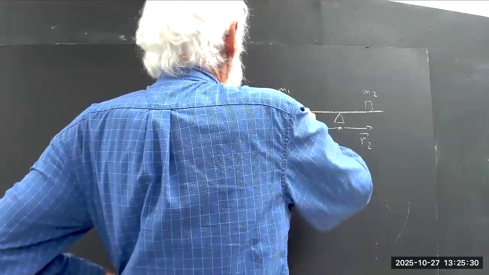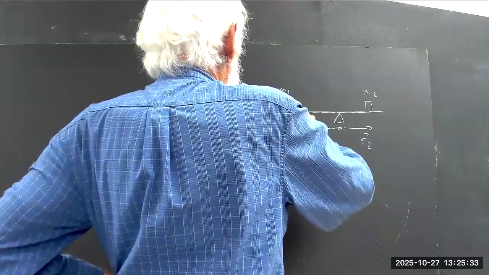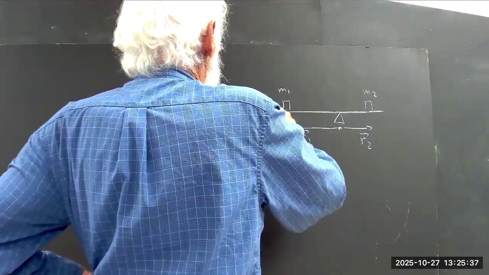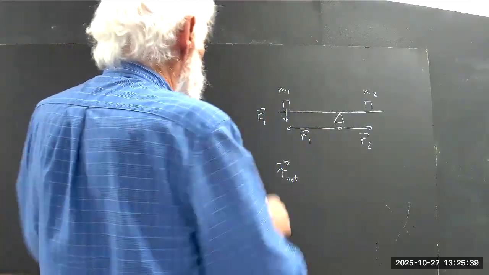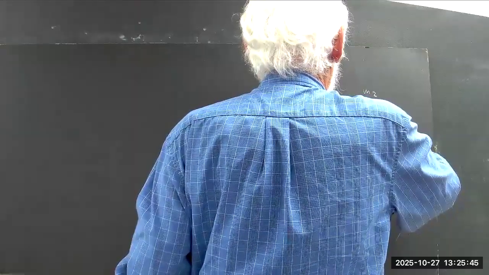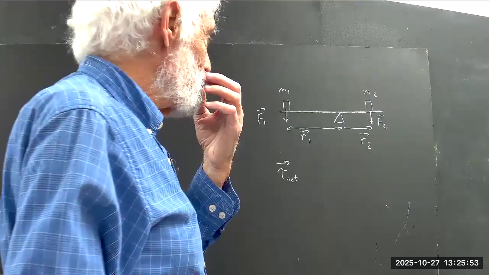Okay, there's M1. And the force exerted on M1 by gravity is F1. And we've got M2. There's a force F2.